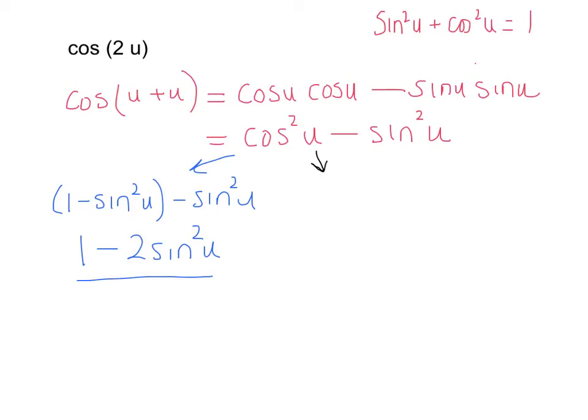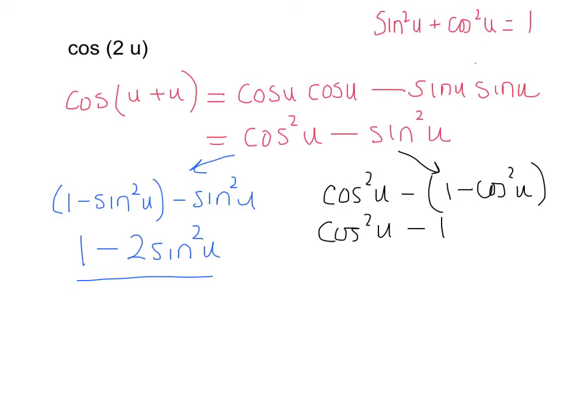And then another time is I could substitute for the sine squared u. So I would have cosine squared u minus 1 minus cosine squared u. Substituting that for the sine squared gives me cosine squared u minus 1 plus cosine squared u. I have 2 of these, 2 cosine squared u minus 1. And so there's another one.